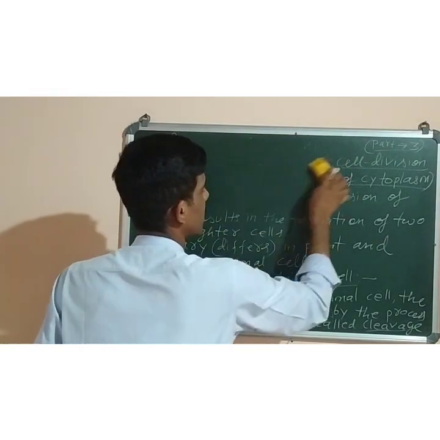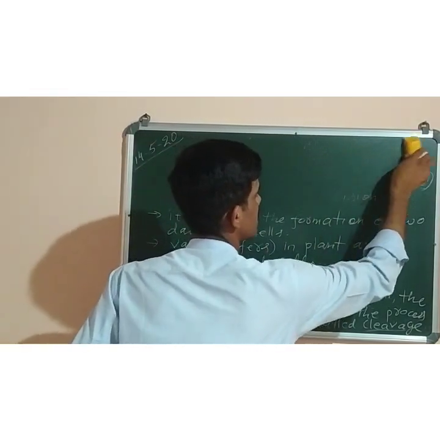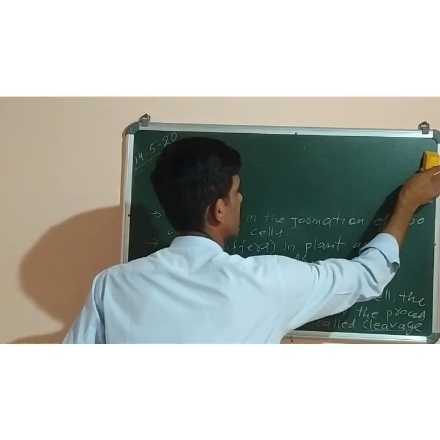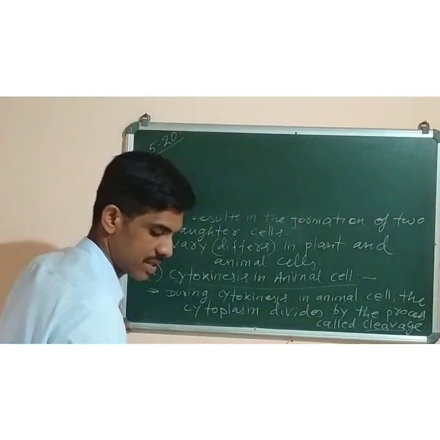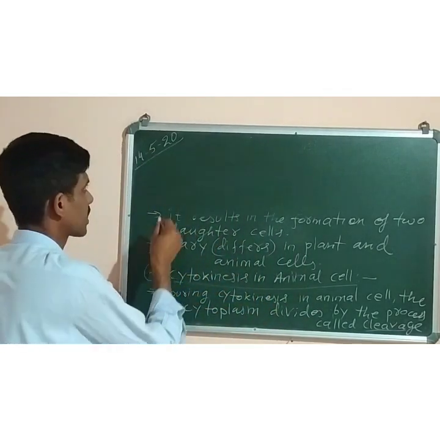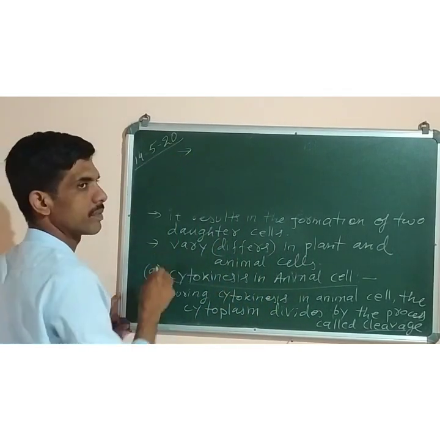You know that animal cell consists of the outermost covering called cell membrane. And when there is constriction in the cell membrane, let's complete the point now. Second point.